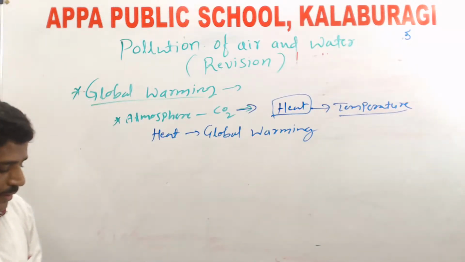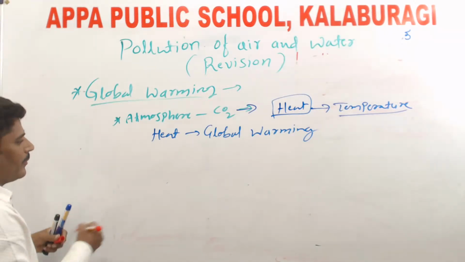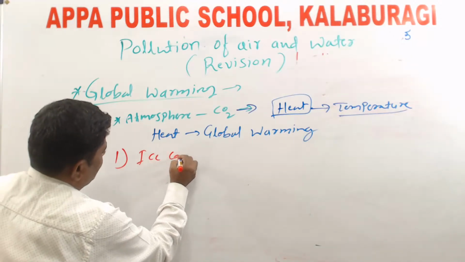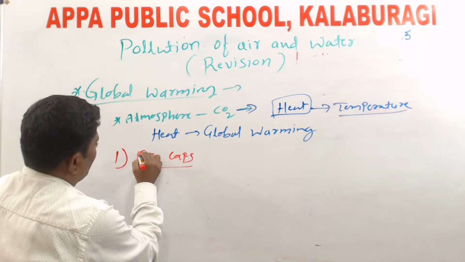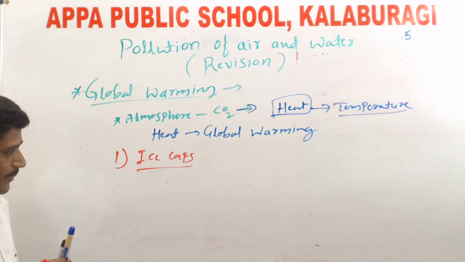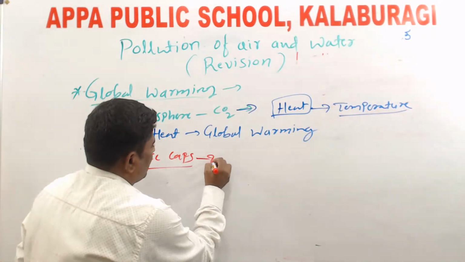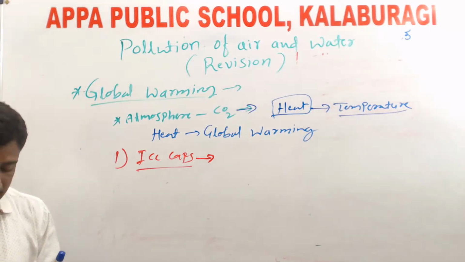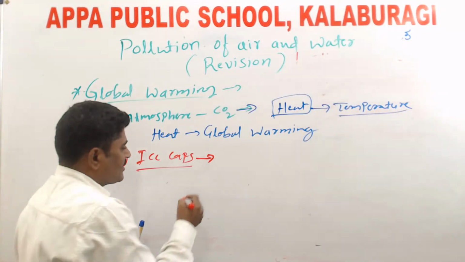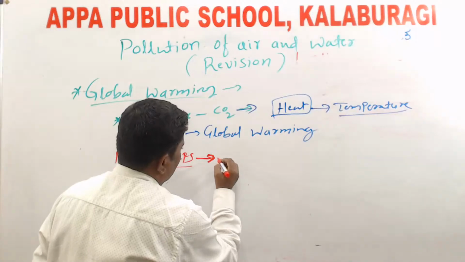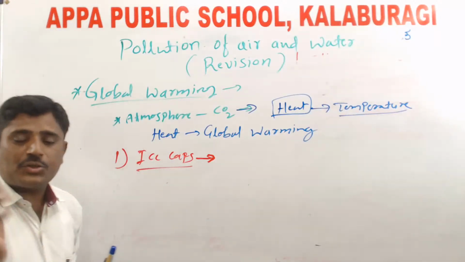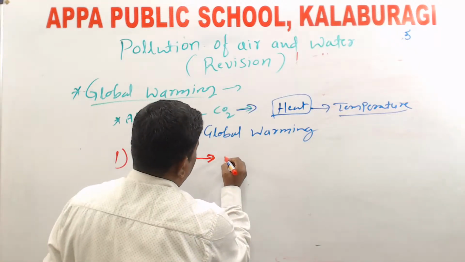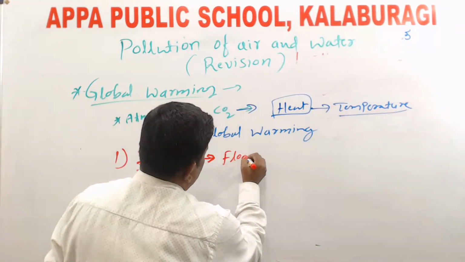Okay, what are the effects of global warming? So first one, ice caps. It means big glaciers and icebergs are there. All the ice caps in the Himalayan regions melt due to the high heat. Due to the high heat, what happened? There is an increase of floods.